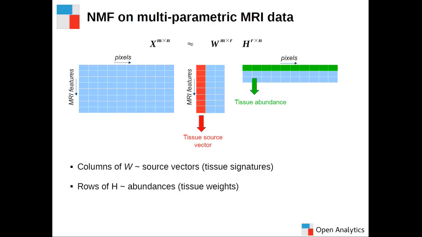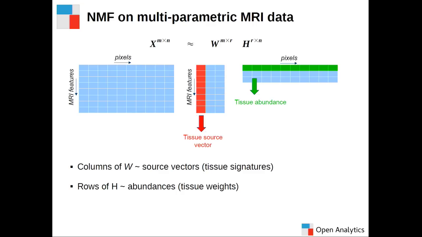So actually, if we look at the columns of the W matrix, each such column basically represents a tissue signature. So on the rows, we have the MRI features again. And basically, we have a representation of one tissue type in each column. It's what we call a source vector.